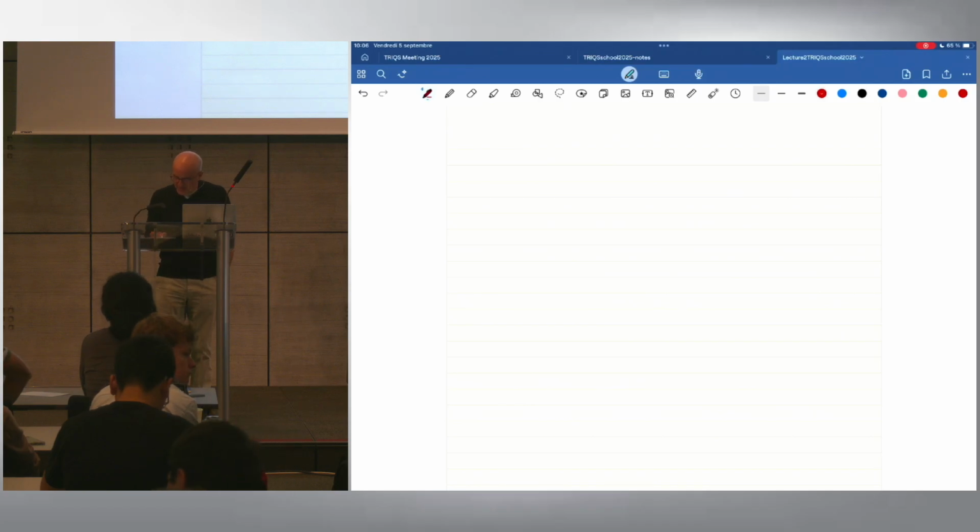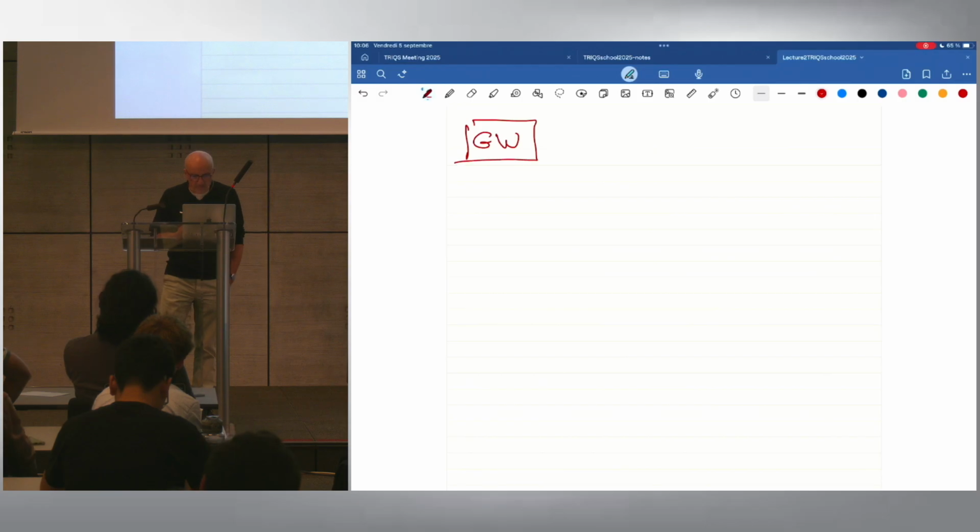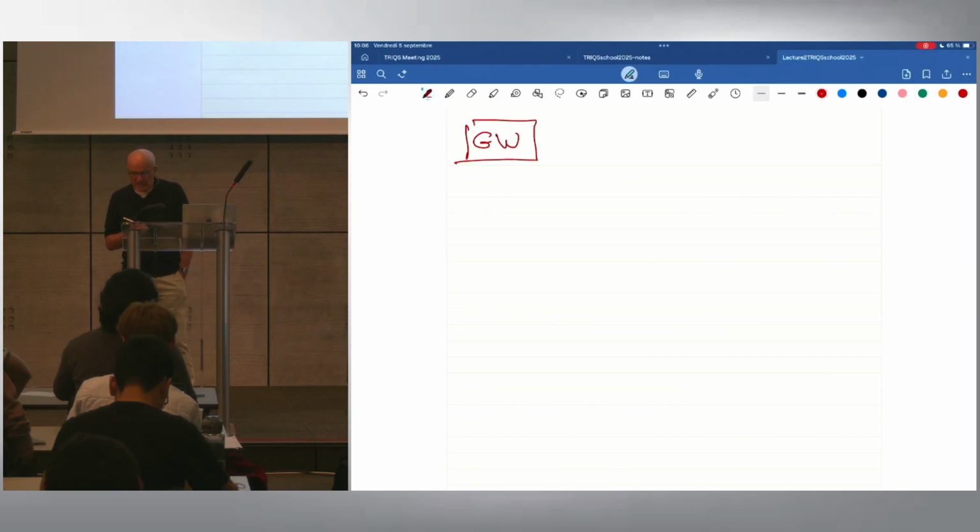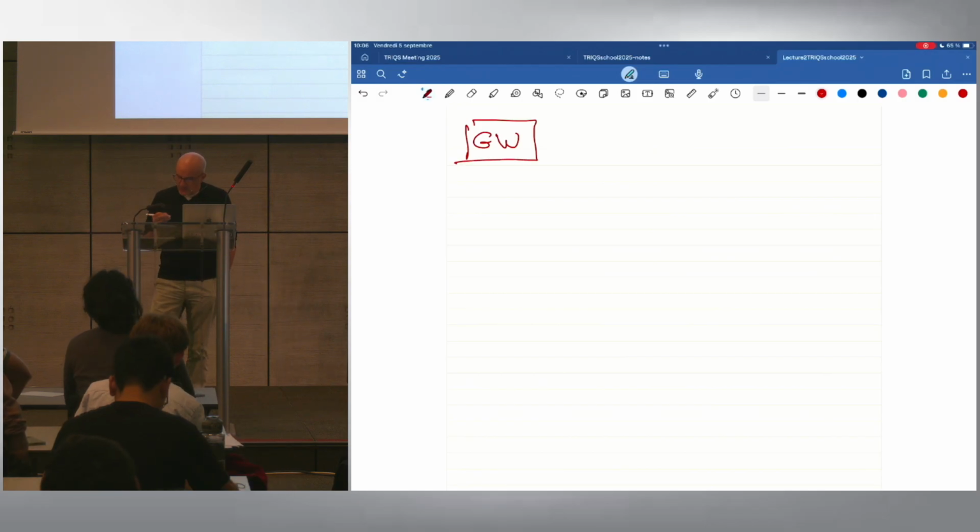So let me introduce GW. So we've seen what RPA is about, right? So RPA makes an approximation on the irreducible polarizability.